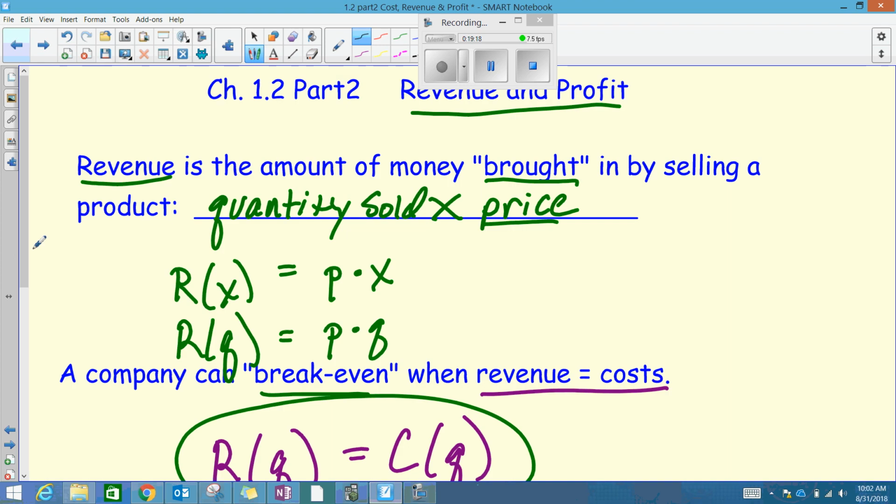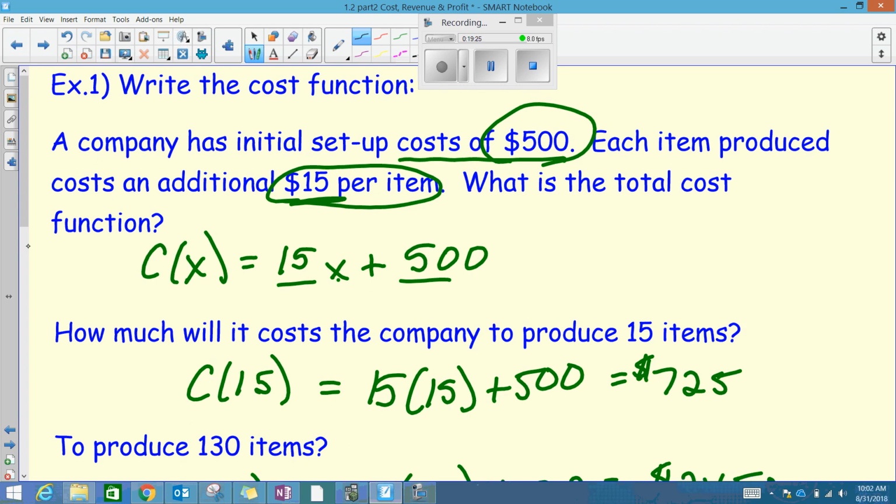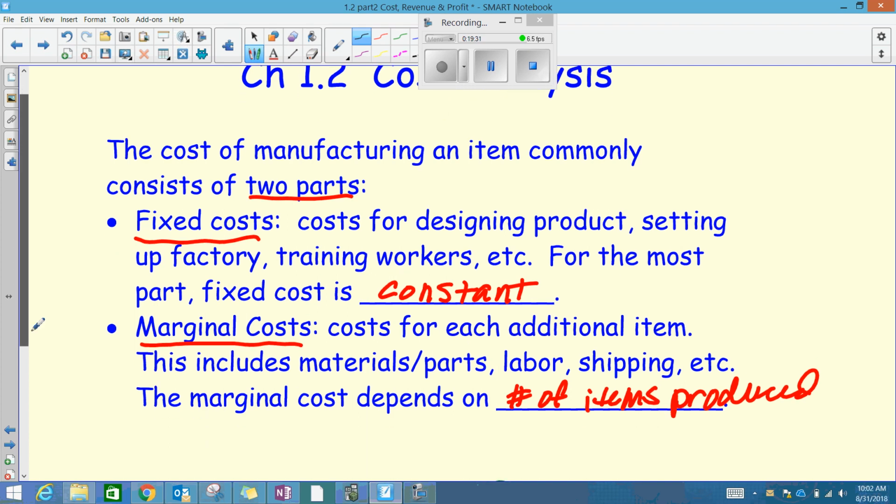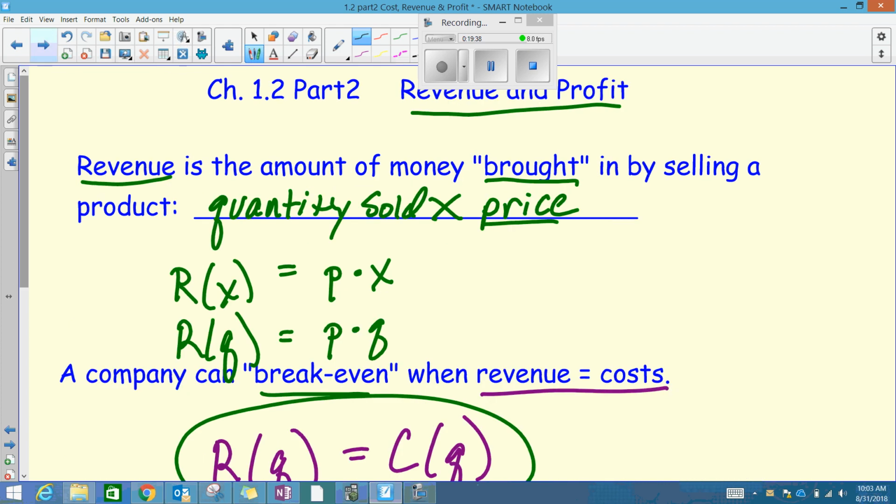So we've gone over a lot here. So we've talked about cost. Cost refers to how much it costs a manufacturer or a supplier to make your product, right? Because it always costs money to produce items before you sell them. And then revenue is how much you bring in selling it, right?